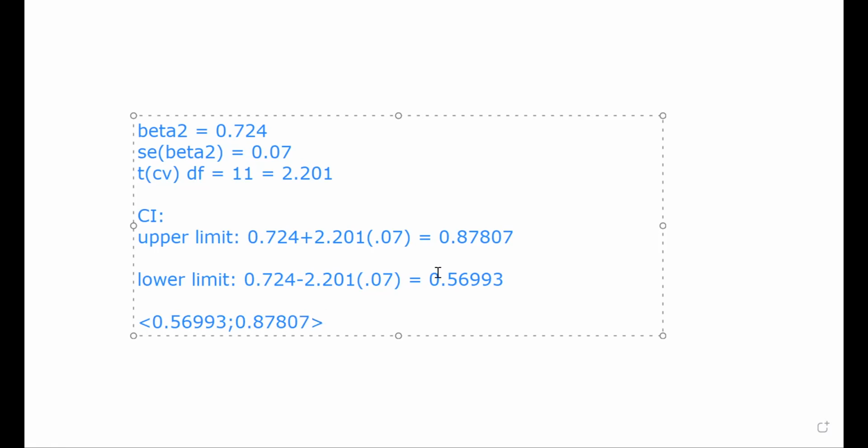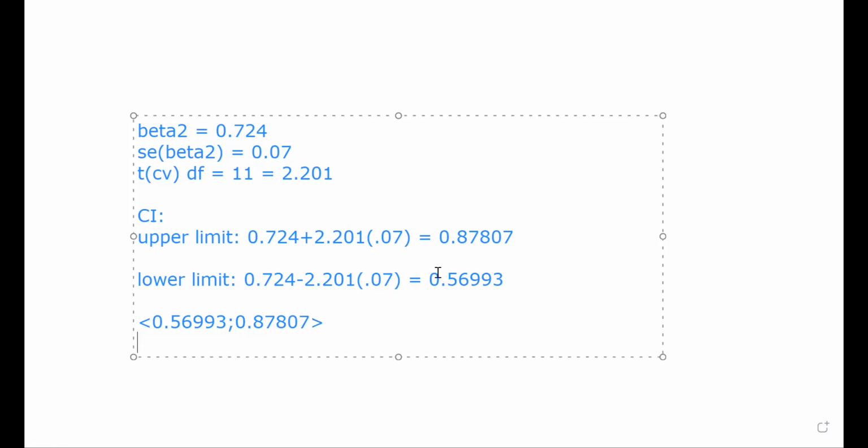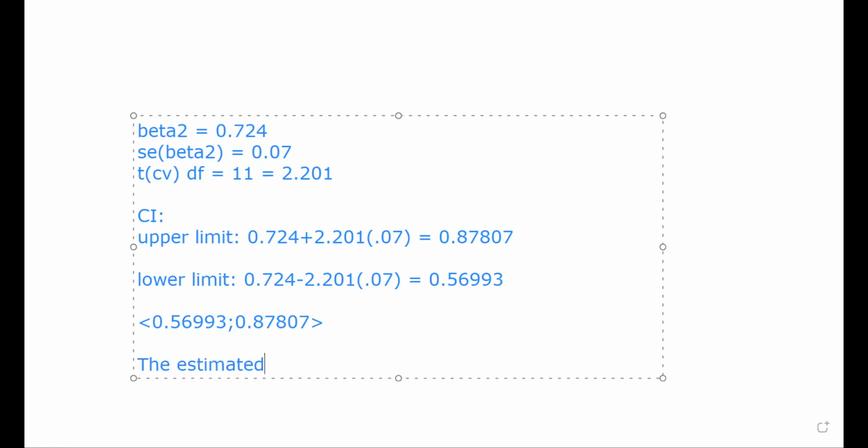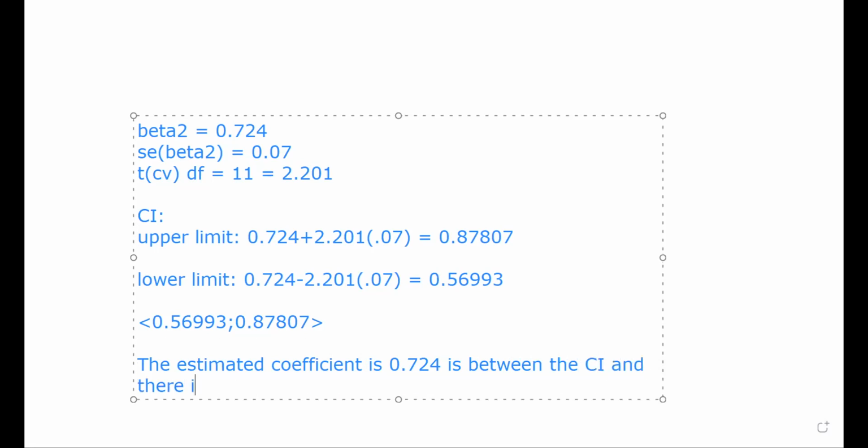If we look at the estimated coefficient, 0.724, it is between the confidence interval limits, and there is no negative sign in the confidence interval.